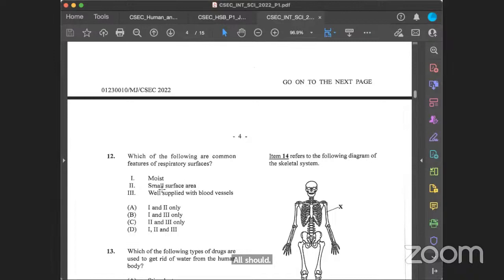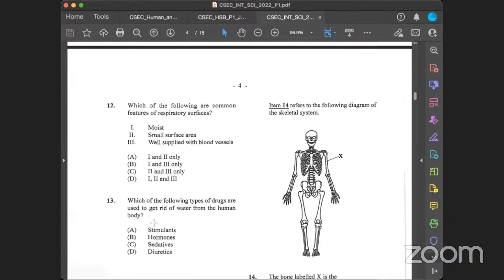You got the question wrong because you didn't read it carefully. You gotta stop talking. You gotta know the question. Repeat it. Moist, large surface area, rich blood supply. So the answer here is only 1 and 3.